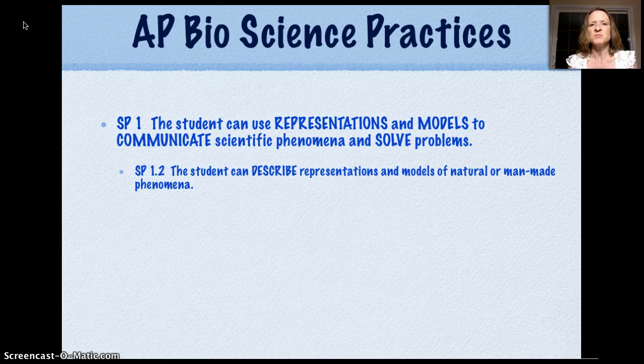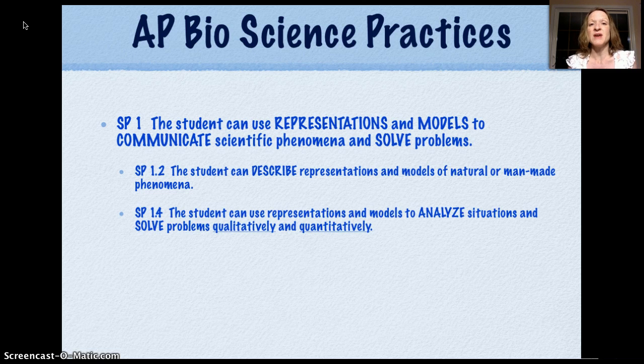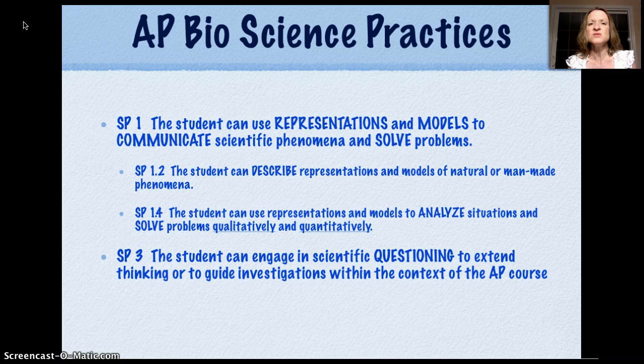Then we're also going to practice our skills of being able to describe those representations and really trying to figure out what they mean. That's going to allow us to analyze those situations critically, both in qualitative and quantitative means, looking at the observations that way and the data. We're also going to be taking a look at the questions that are being presented.